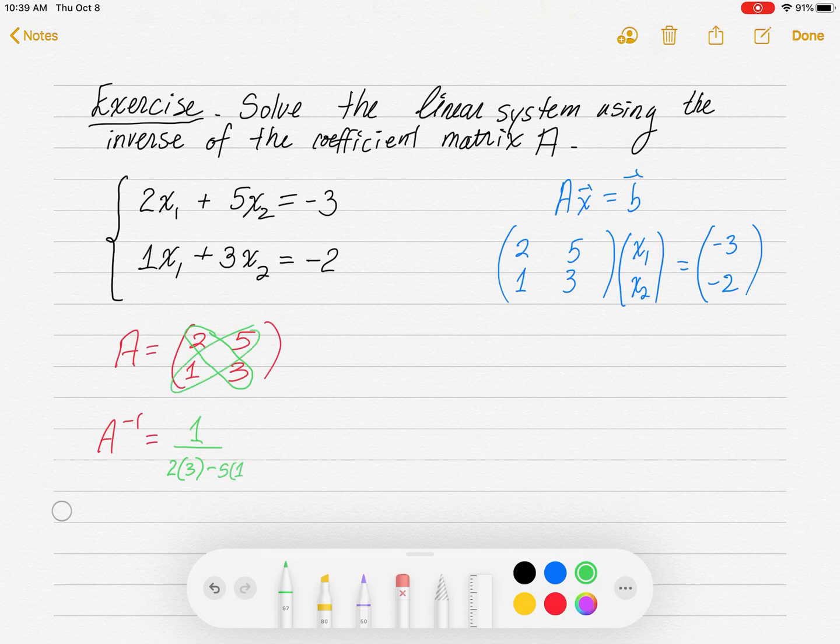So you're going to have 1 over, what's the determinant? 2 times 3, 6, minus 5 times 1, 5, multiplied by, so what do you do with the 2 and the 3? You swap those out. So you're going to have a 3 up in the upper left and a 2 in the bottom right. And what do you do with the 1 and the 5? You flip the sign, so you get -1 and -5.